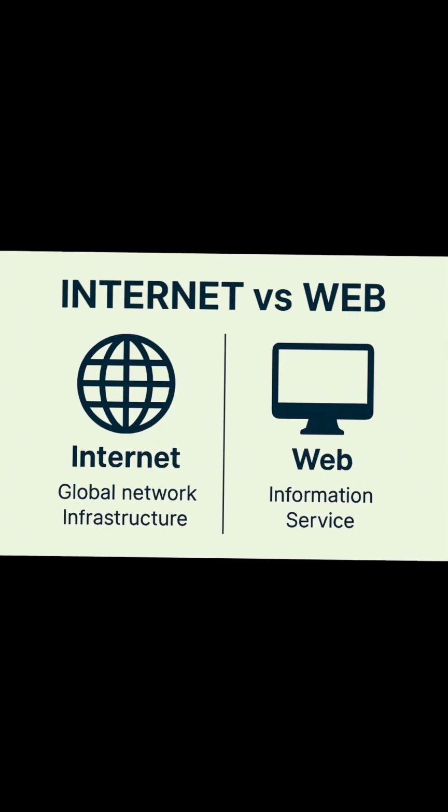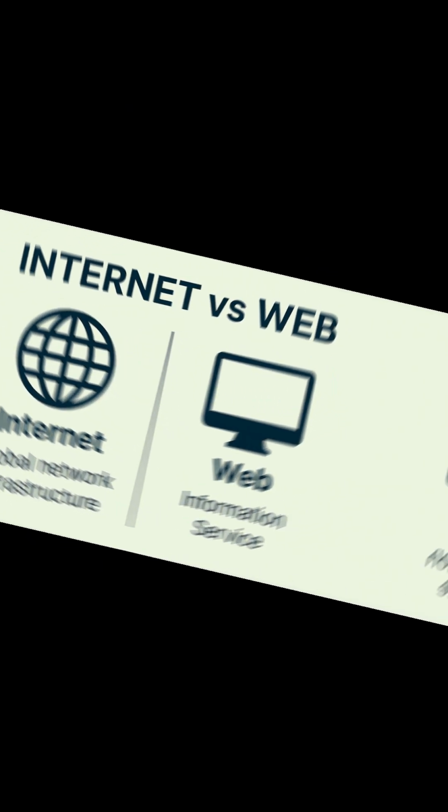We shall quickly look at the internet and the web. It's important to distinguish between the internet and the web because these two concepts are not the same, even though some people use them to mean the same thing.